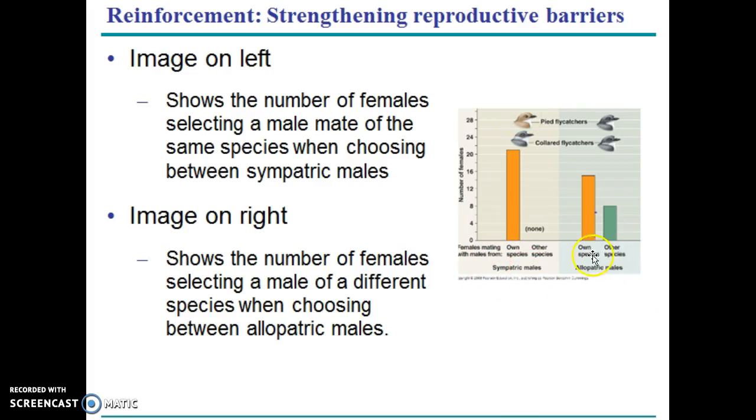However, in an allopatric population, the females would select either male, either the pied or collared, because they look quite similar. In other words, the females in the allopatric population had difficulty differentiating between their own species and the other species. Why? Well, they looked quite similar.